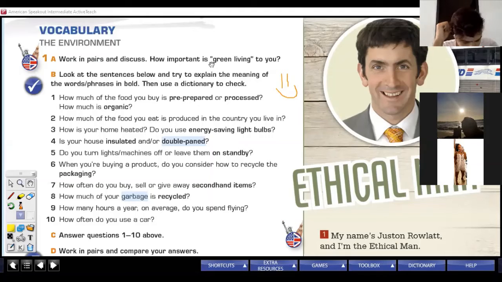Yes, mister. All right, go ahead. Well, pre-prepared is the food that we see often in grocery stores, like frozen food that you need to heat quickly to eat it. All right, very good. So this pre-prepared food, as the name implies, is food that is not prepared at this moment and then you eat.